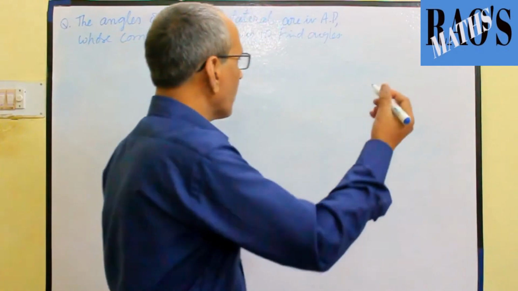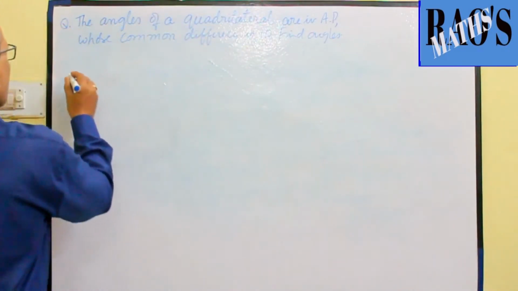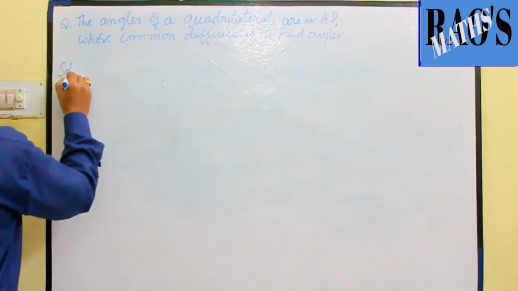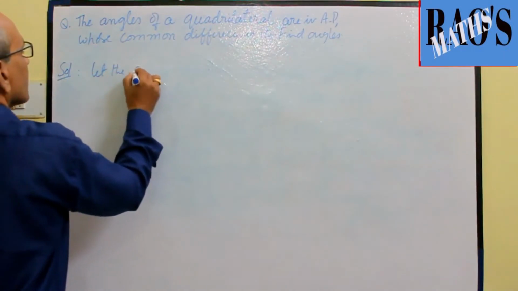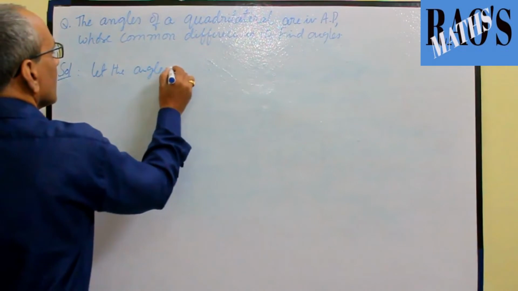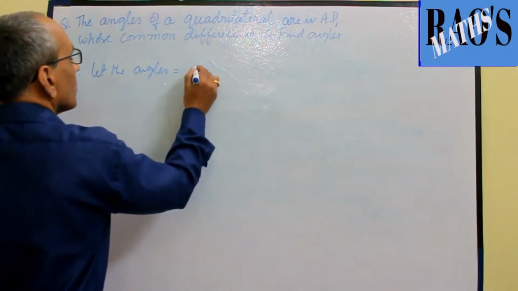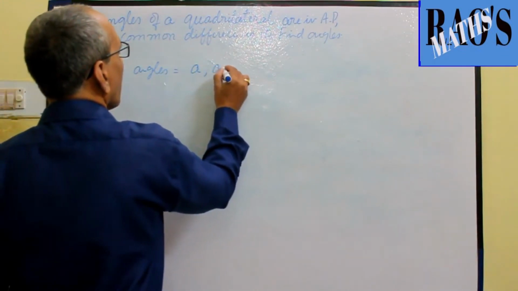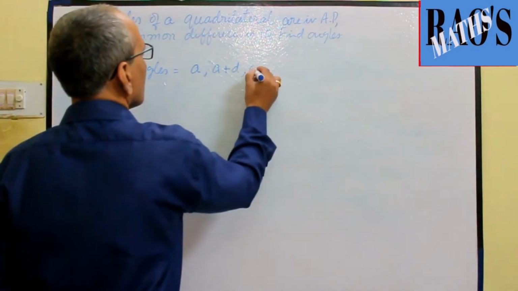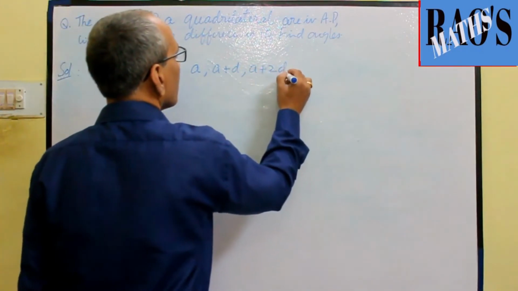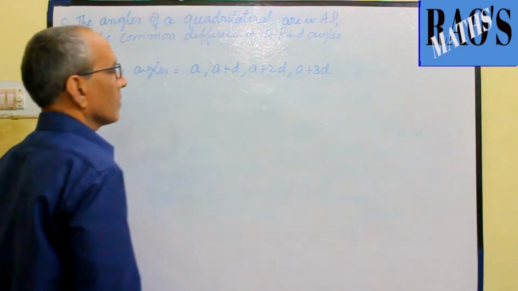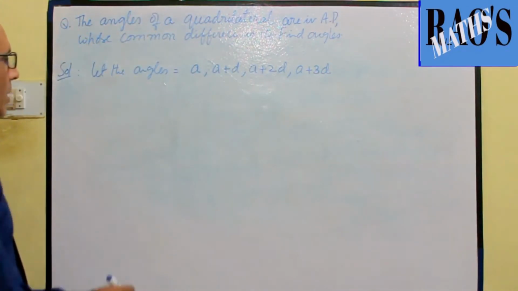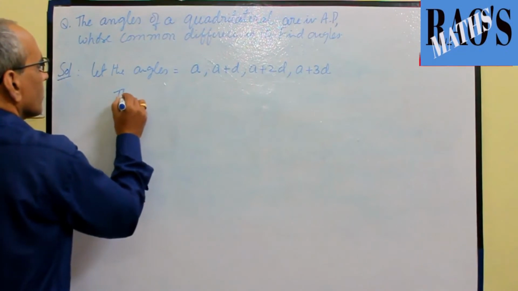I define the four angles in such a way usually as, let the angles be A, A plus D, A plus 2D, A plus 3D. Okay. Let's get their sum.